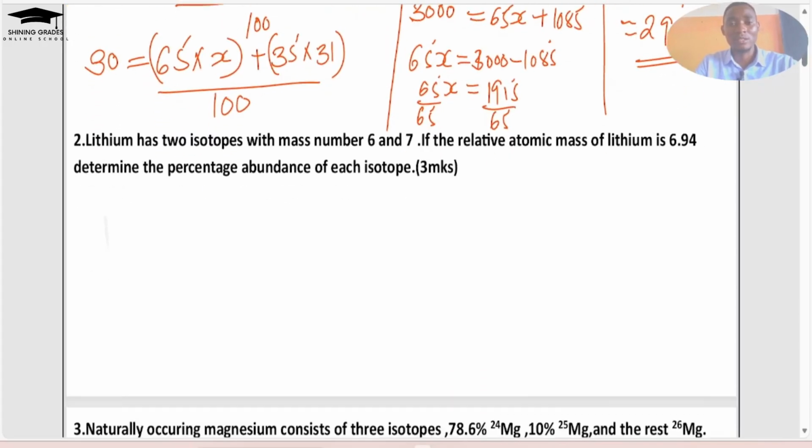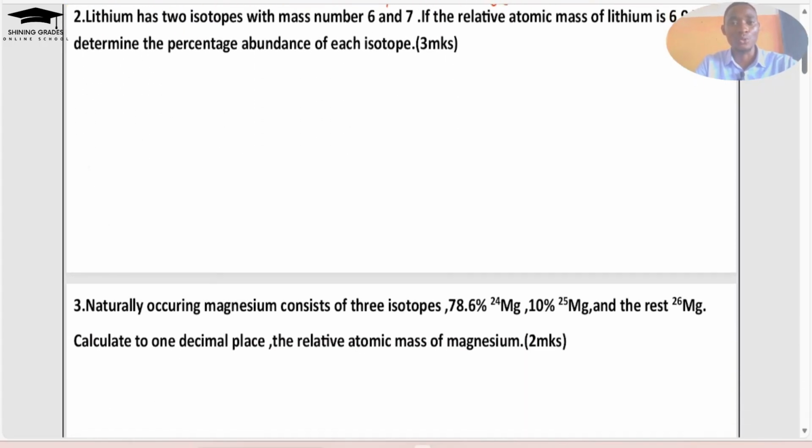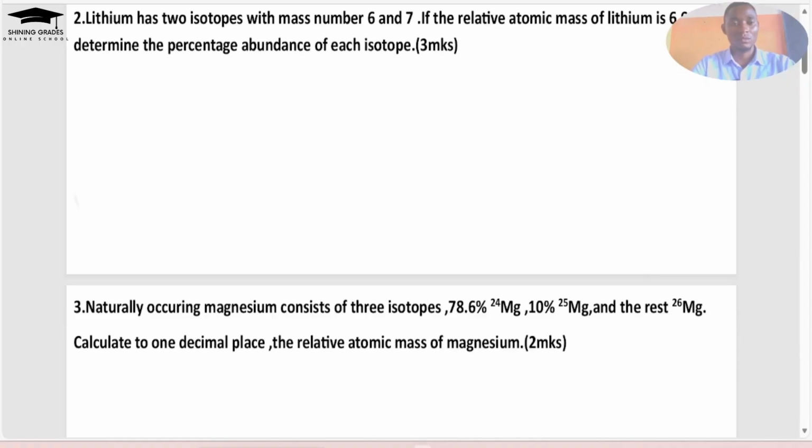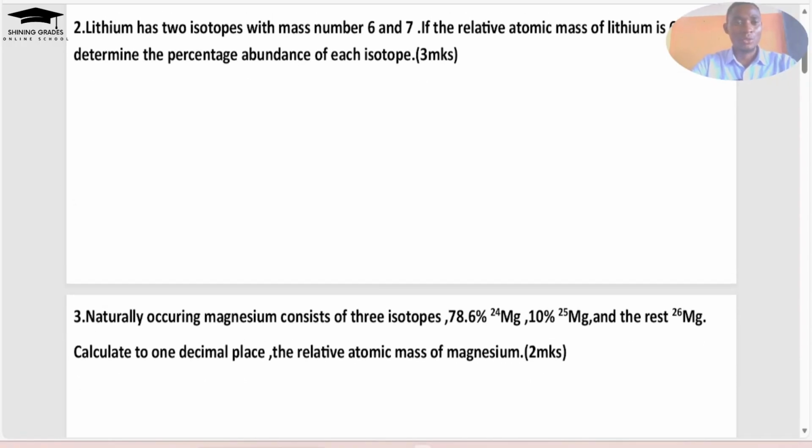Moving to the next question, question 2. Lithium has two isotopes with mass number 6 and 7. If the relative atomic mass of lithium is 6.94, determine the percentage abundance of each isotope. We start with our formula.